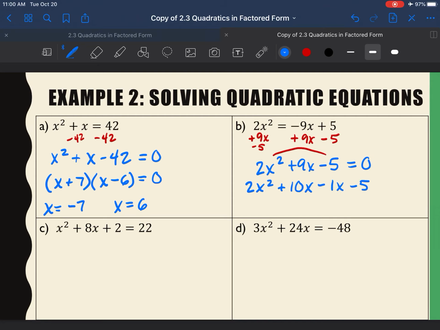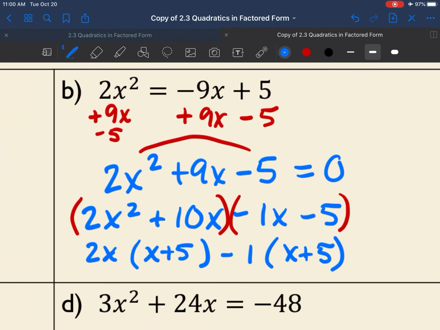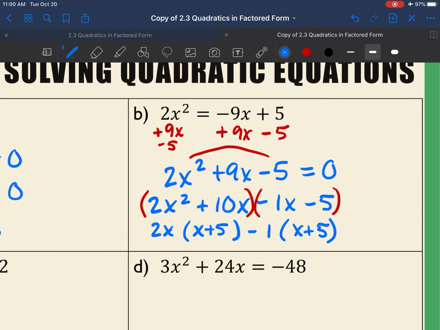And then factor by grouping. So it looks like 2x and then x plus 5. On this one, you can take out a negative 1, x plus 5. I think I need to make more space here, so I'm going to make everything smaller.